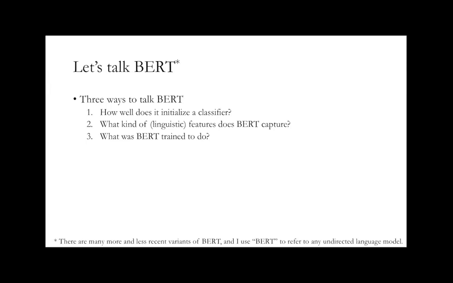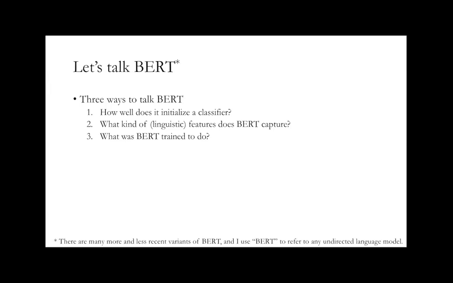BERT turned out to be an amazing way to pre-train, or initialize, the parameters of a text classifier. Once we use BERT to initialize the text classifier's parameters, even with a very small amount of data, we can train a text classifier to do as well as humans can on many simple text classification problems.